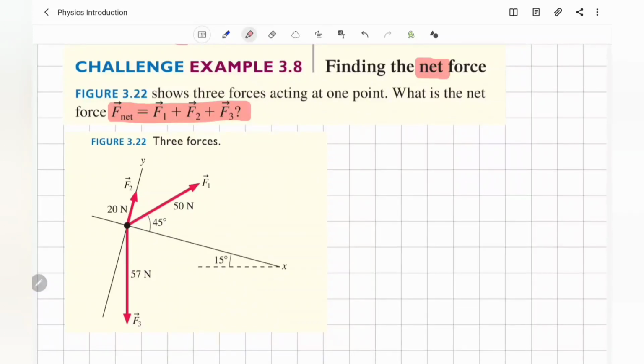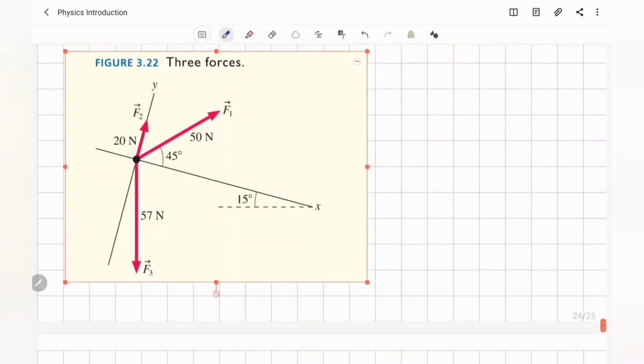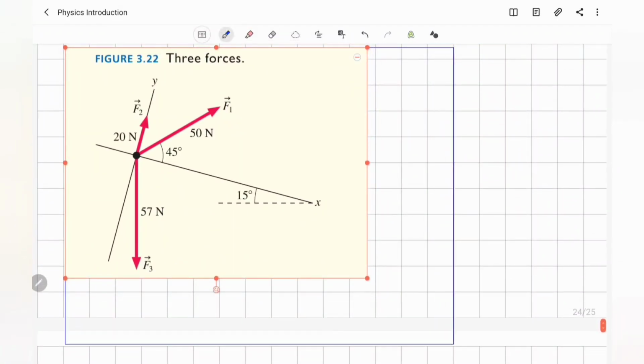And now it's time to study the diagram, the figure basically. We have three forces. Let me increase the size of this figure so you could see it better.